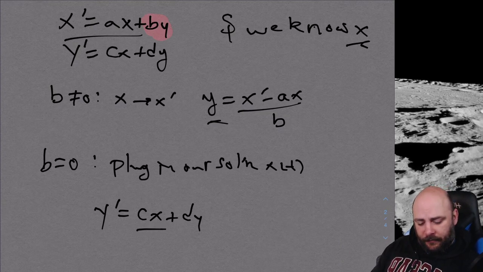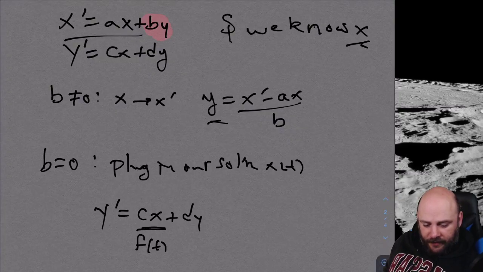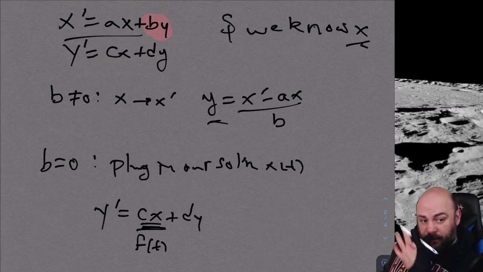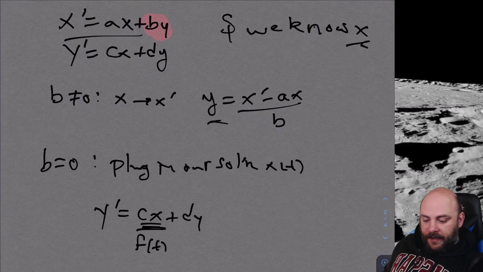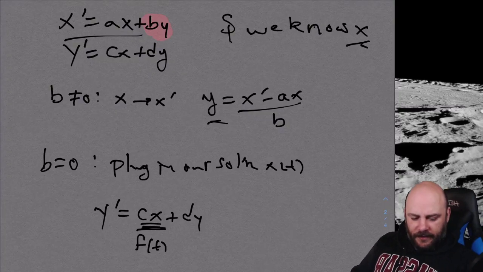You know, presumably then right here we've got some function of time, and then we would use integrating factors or something to that effect to get at what we need. Okay, and so that's fine. Okay, that's fine and dandy.